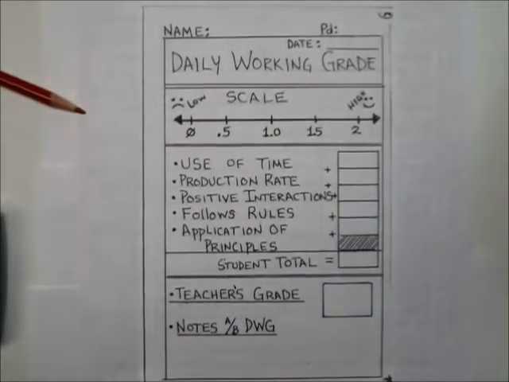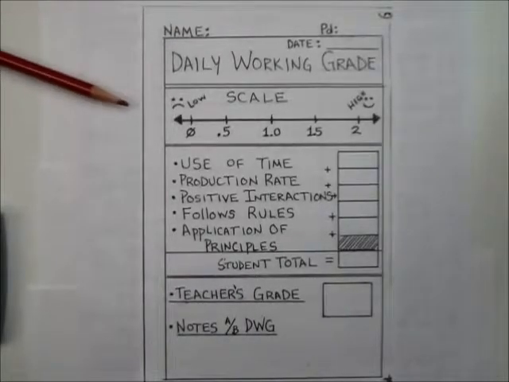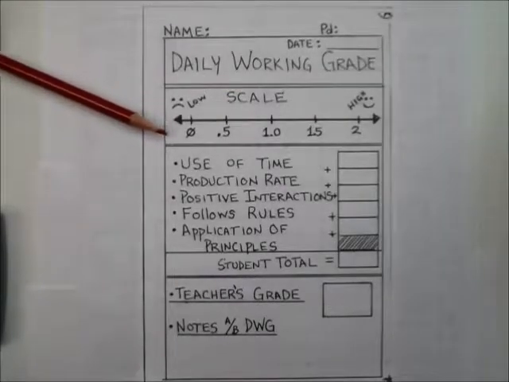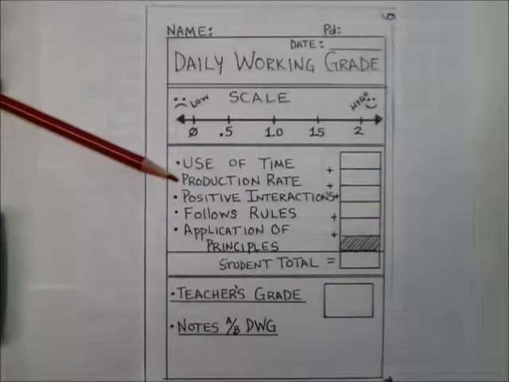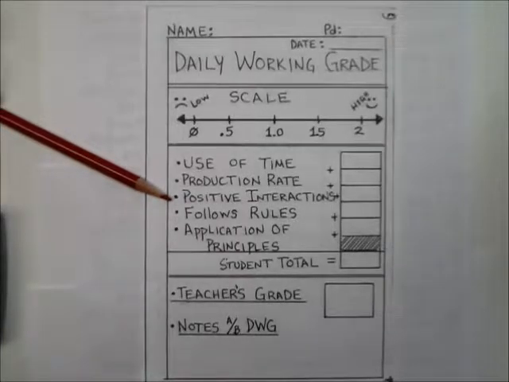So as you can see on the daily working grade form, which we do once a week really, it has a scale on it like everything else in our class, and it asks you to self-evaluate yourself on how you use your time and whether you're keeping up with the lesson and the projects, and do you get along with your classmates and also with your school in general and your teachers.